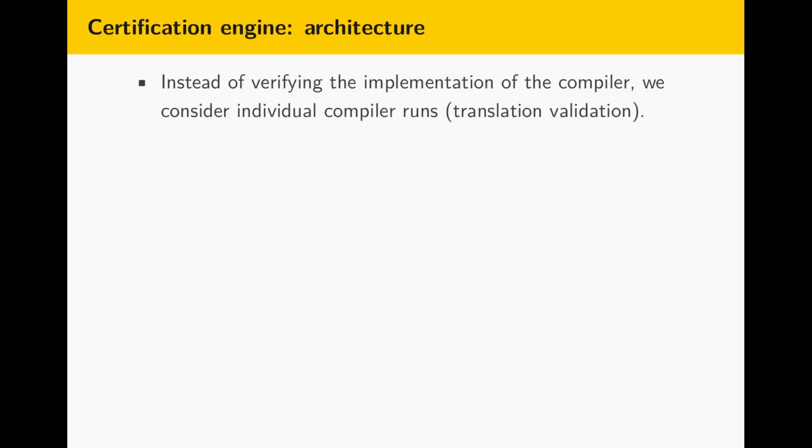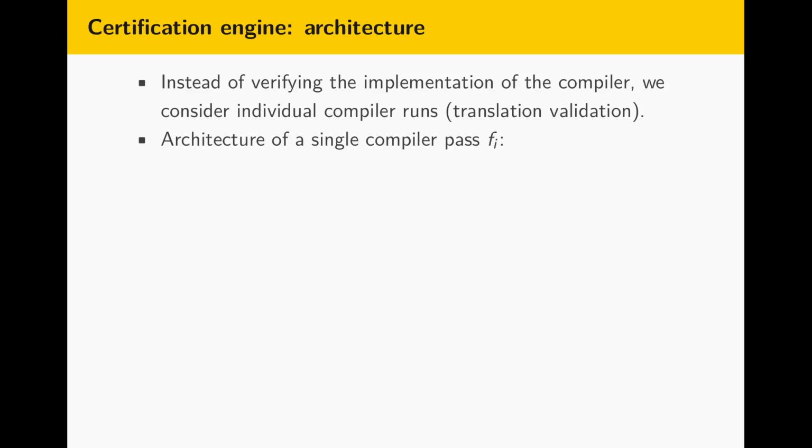Our approach to producing these certificates is what we call translation certification. Instead of verifying the whole implementation of a compiler, we consider individual compiler runs. This technique is known as translation validation. We consider the compiler to be a composition of individual compiler passes.